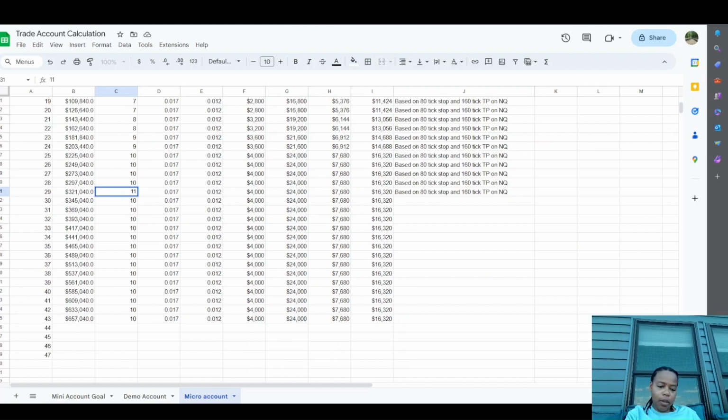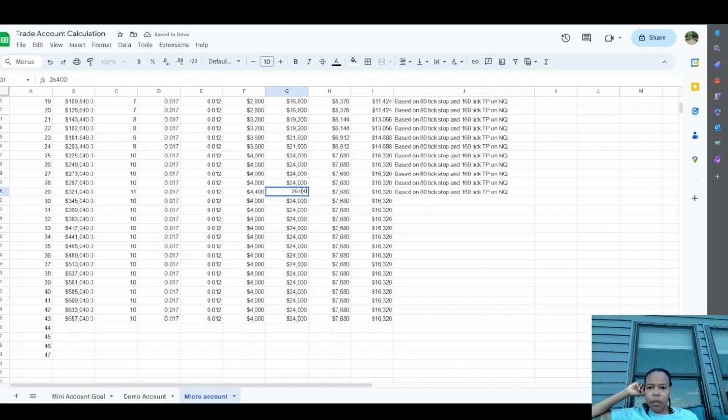Let's see. What does that do for my weekly gains here? 8 times 3. It's 26. 400.